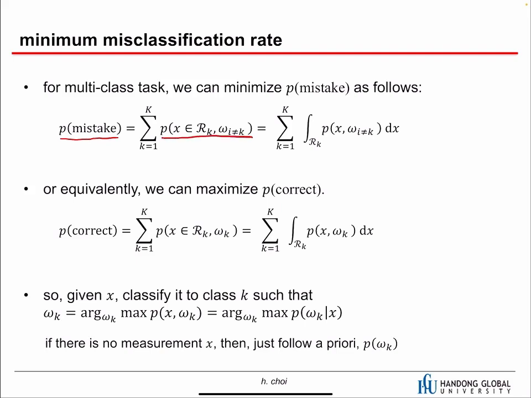This one is where x is classified into class K, but the true label is not K. So when we have a 3-class problem, 1, 2, 3, x is classified into class K by the model, but the true label is not K. For example, if x belongs to R1, then the true label is omega 2 or omega 3.